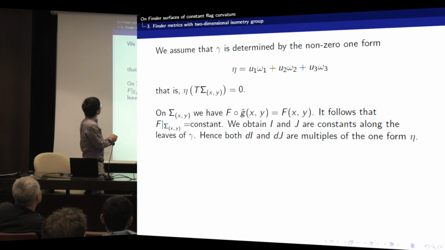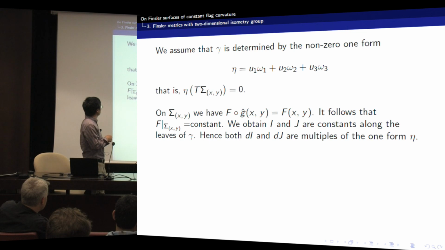Now we discuss Gamma. We assume Gamma is determined by the non-zero one-form eta. Eta equals u1 omega 1 plus u2 omega 2 plus u3 omega 3. That is, eta restricted to sigma_{xy} equals 0. On sigma_{xy}, we have f composed with ĝ equals f.